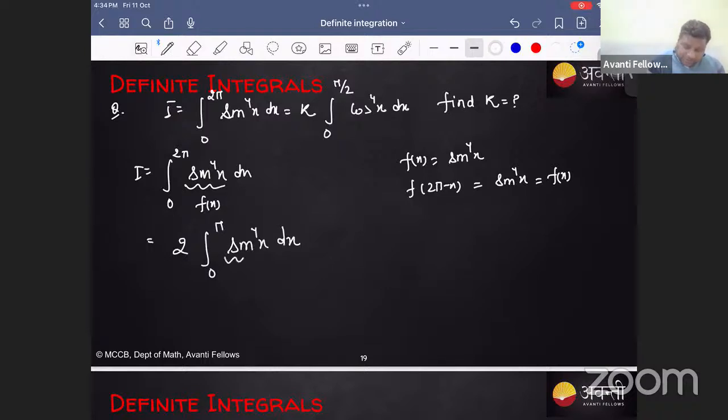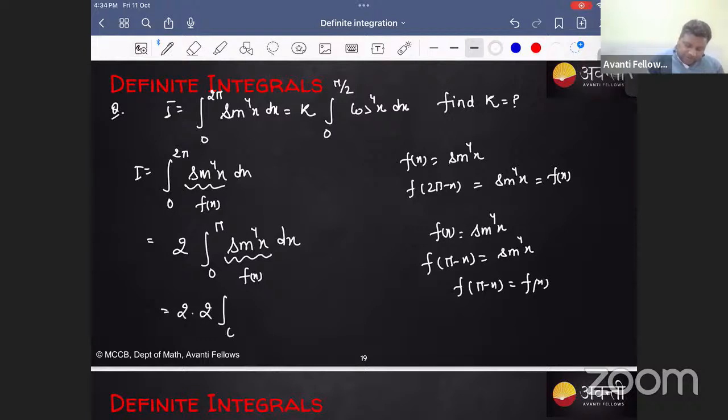Now again the same thing applies here. Let it be fx, which is again sine to the power 4x. So f of pi minus x, now we will check. That will again be sine to the power 4x. So f of pi minus x is again fx. So again, double the integration, half the limit: 0 to pi by 2 sine to the power 4x dx.